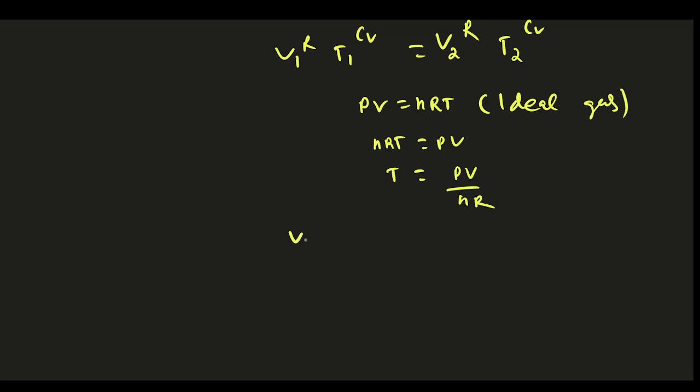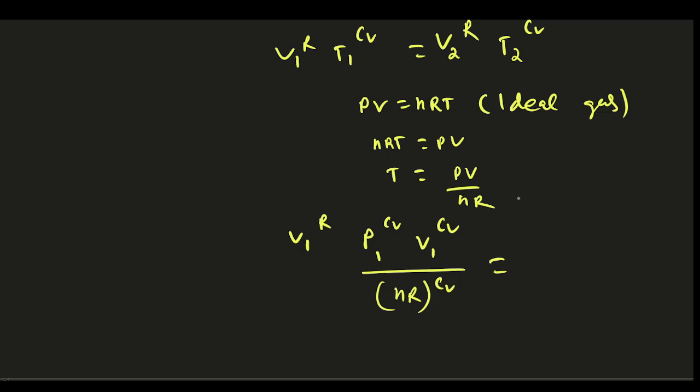Then what happened, B1R, and T1 is this value I'm putting, so PB, P1CB, P1CB by nR CB. Okay, so similarly for T2 I can put this value here.